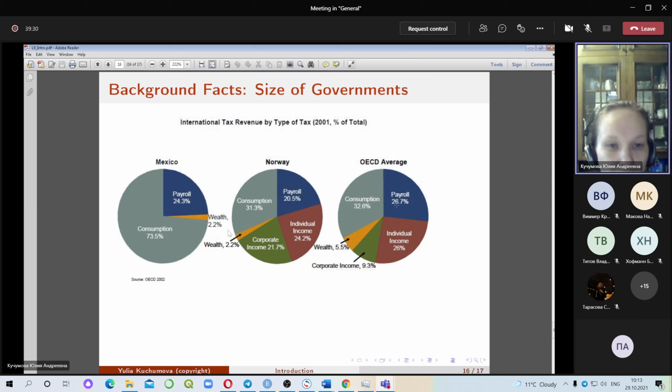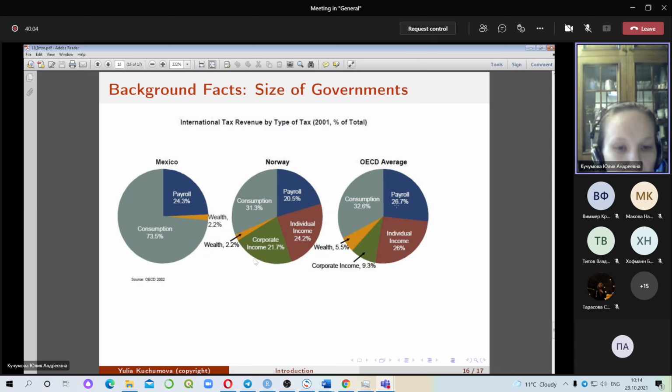So Mexico is one of the developing countries, not transitional, but between those, and you see that the role of consumption taxes is quite significant there. So I'm pretty sure that in Russia the role of consumption taxes is also quite substantial.